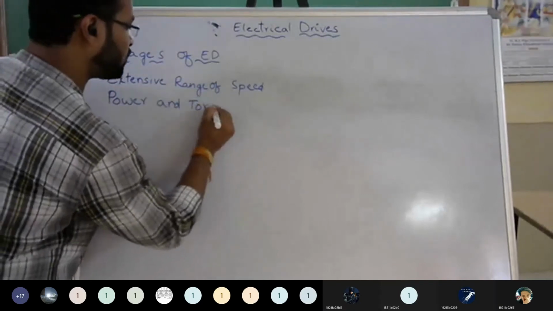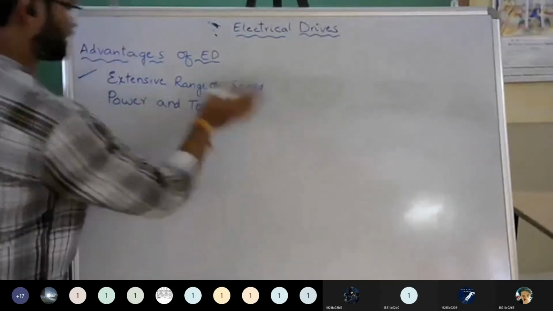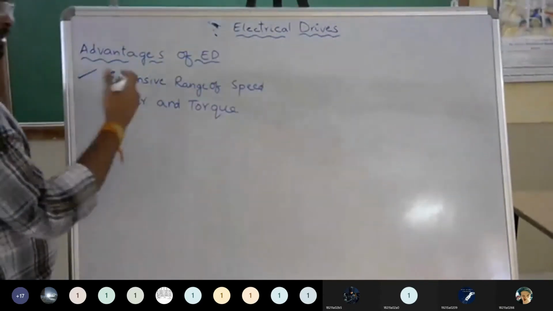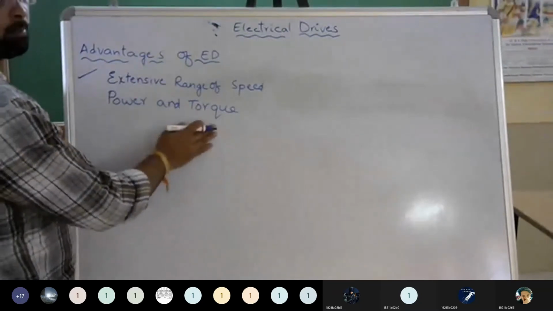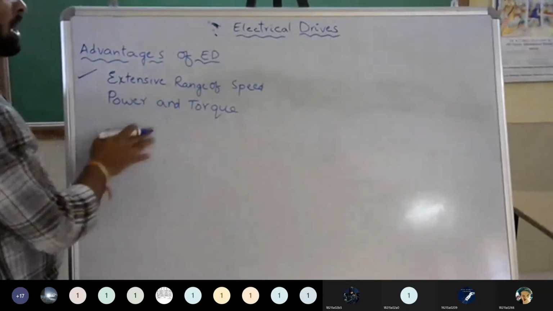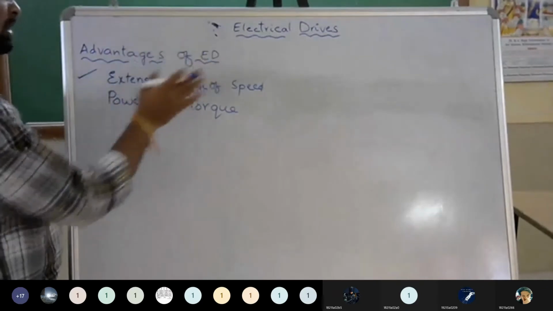We have a number of loads available: some loads need a certain speed, another needs high power, and some loads need different torque. So we have a variable range of speed, power, and torque.